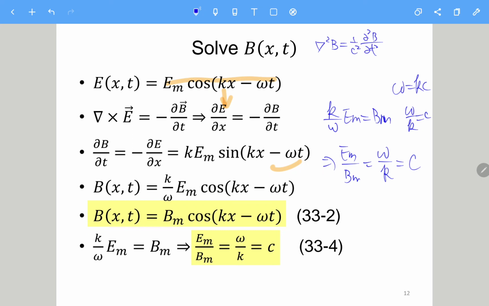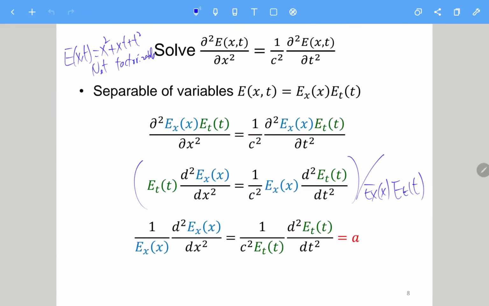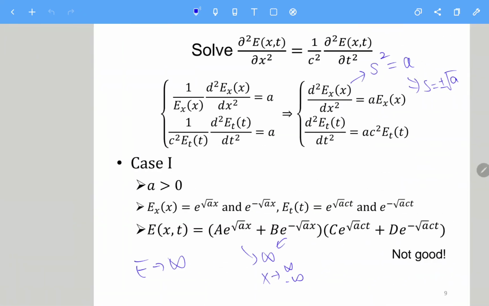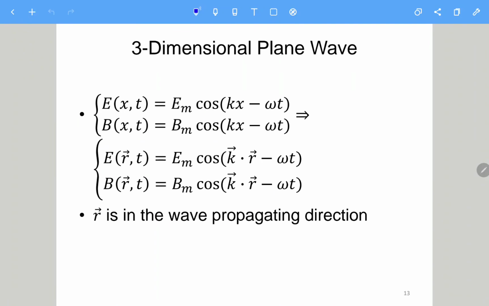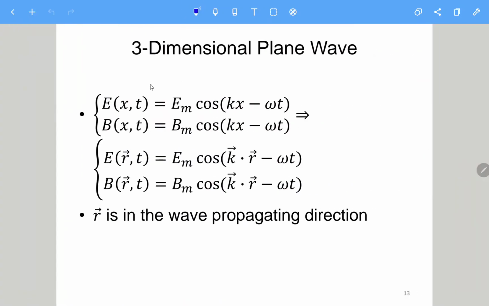Okay, so we get 33.1234. 3 is actually the speed of light. c is 1 over the square root of mu naught epsilon naught. So this is actually the solution to the wave equation in one dimension.